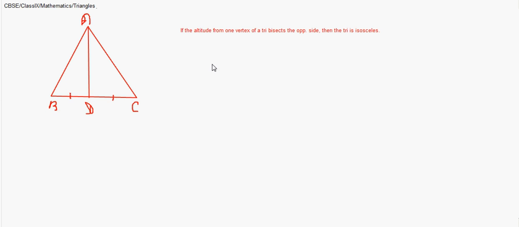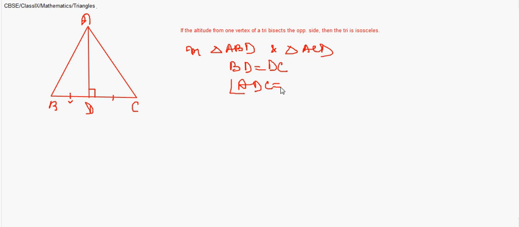To prove the triangle to be isosceles, we prove this side AB will be equal to AC, then this triangle becomes an isosceles triangle. To do so, again we take triangle ABD and triangle ACD. We already know BD is equal to DC. Because we have drawn this to be the altitude, angle ADC will be equal to angle ADB.